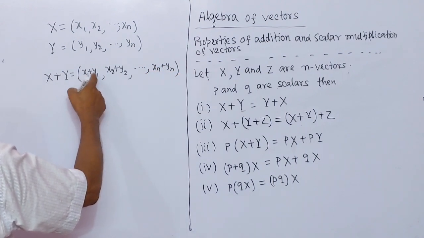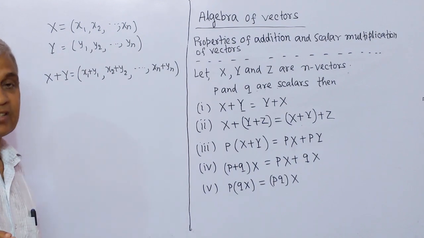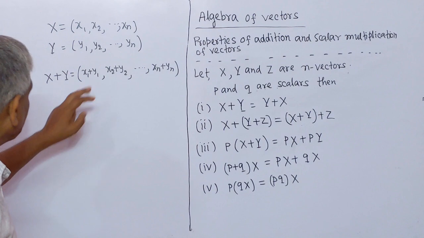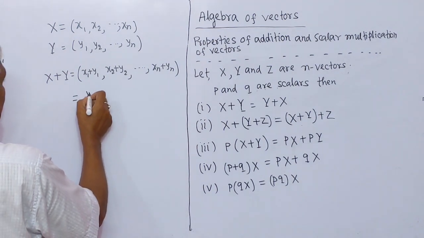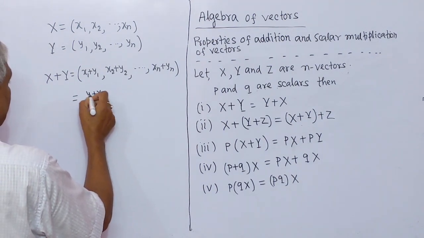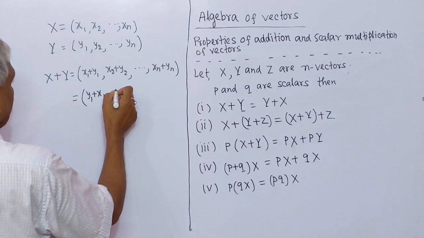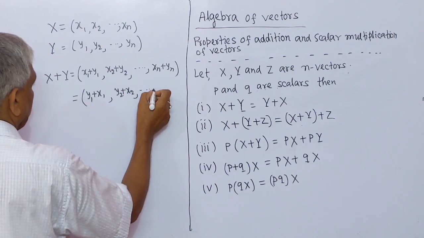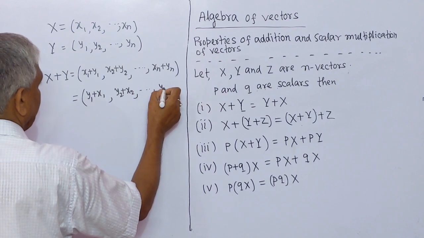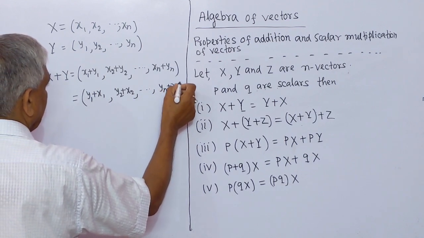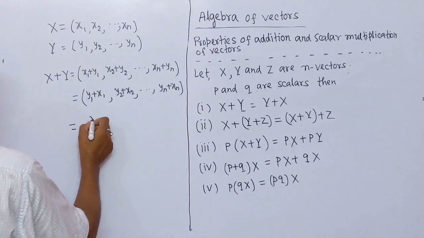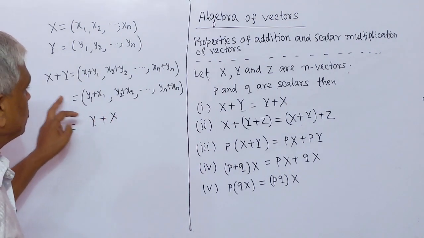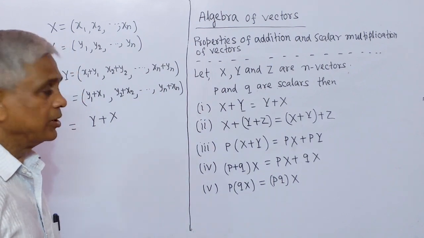Here x1 and y1 are numbers and numbers are commutative. So we may write this as y1 plus x1, y2 plus x2, dot dot dot, yn plus xn, and we may write this as capital Y plus capital X. So the first property is proved.